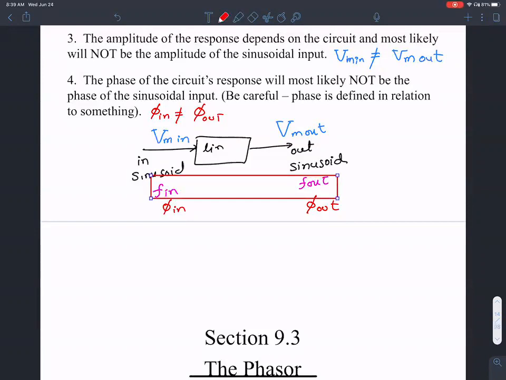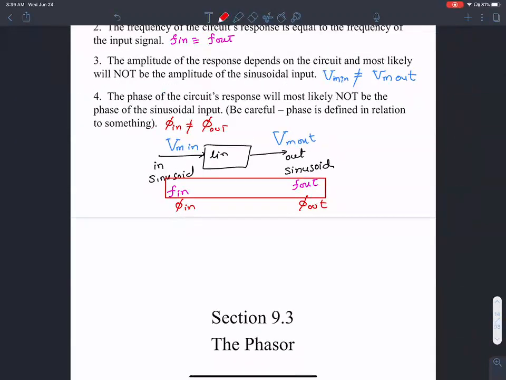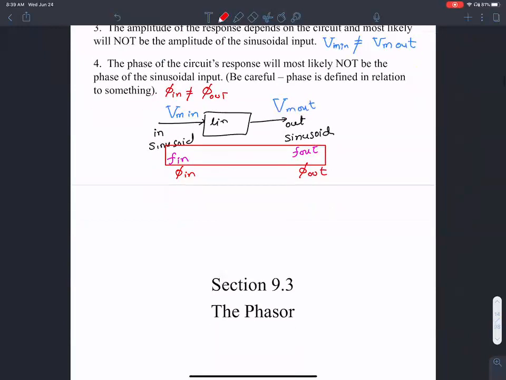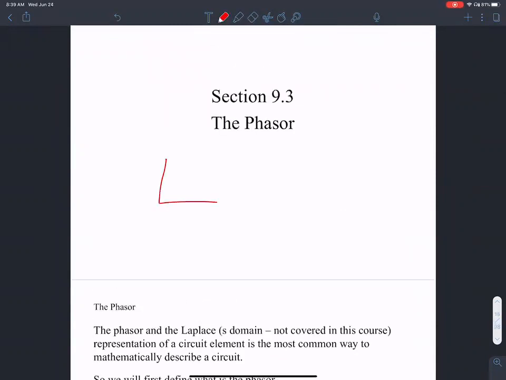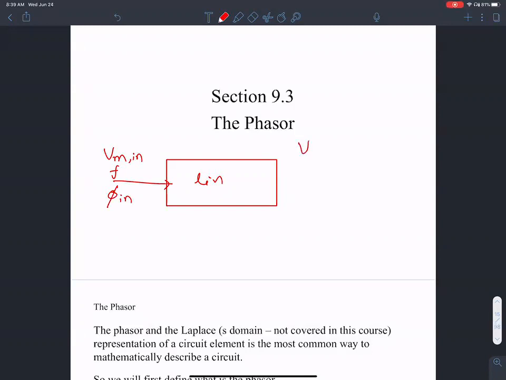The frequency does not change between input and output when the circuit is linear. So if I were to take a linear circuit and apply a sinusoid with some amplitude, with some frequency, and some phase, the output is going to be some other amplitude, the same frequency, but some other phase.